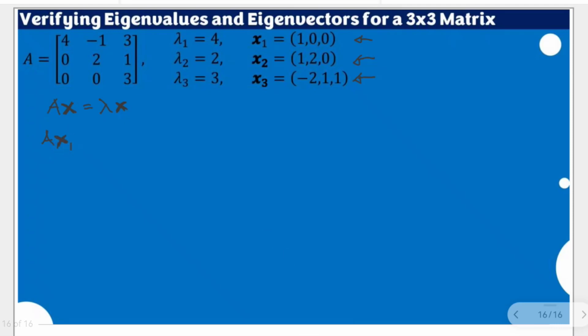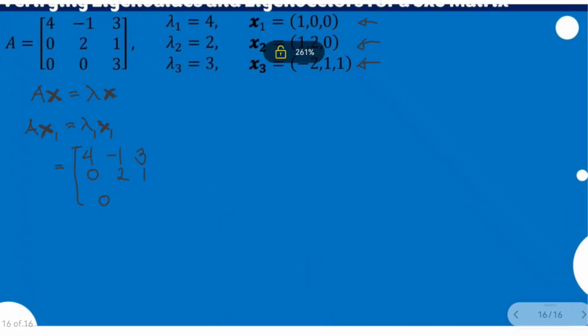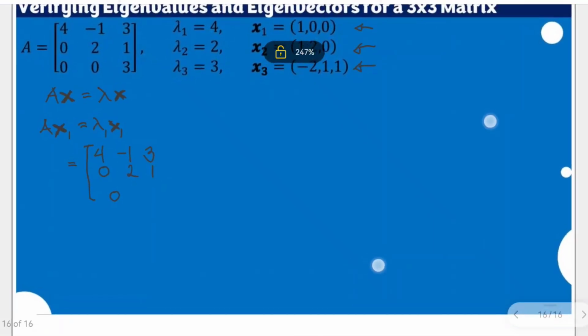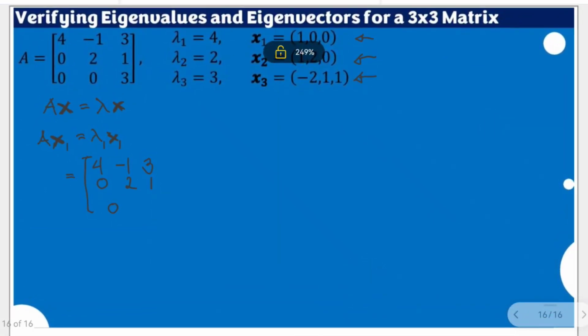We have A times the first vector must be equal to the product of your first lambda value times the same vector. So our A here is 4, negative 1, 3, 0, 2, 1, 0, 0, 3.